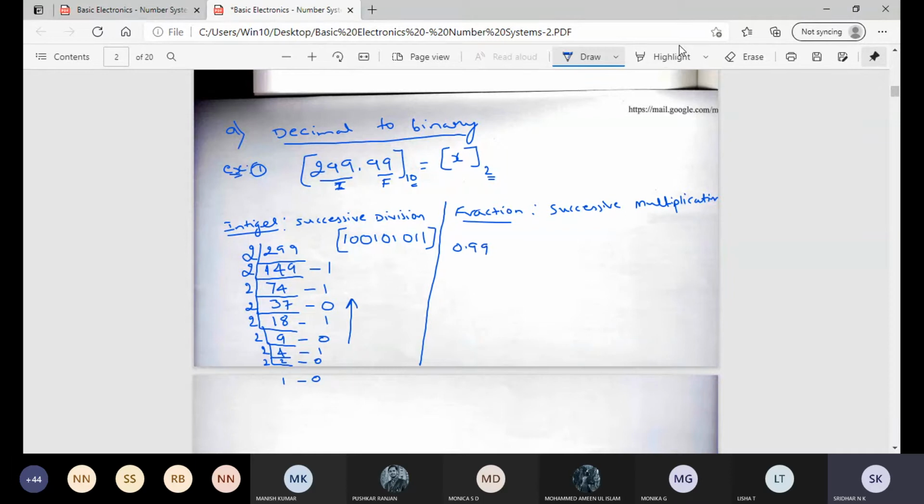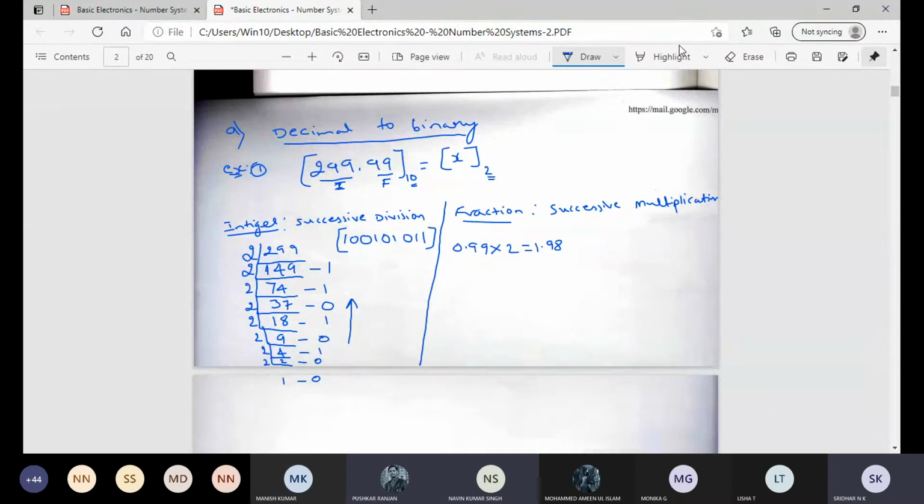So I have taken the 0.99 as the fraction into 2. What is the product of this? 1.98.